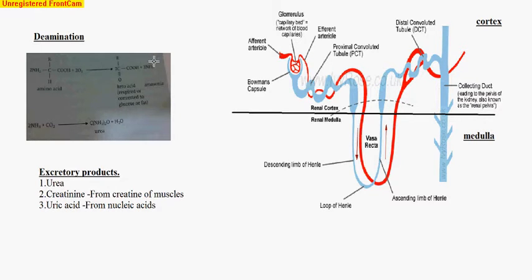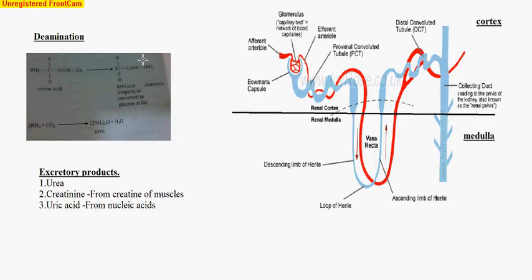Okay, so these are useful ones. But this ammonia is a very poisonous gas, and in fishes, for example, it can dissolve in water and go away. But in the case of humans, and probably most mammals, it does not dissolve, because there is a double circulatory system, so it remains in the blood.